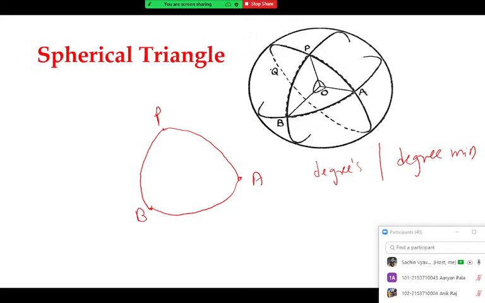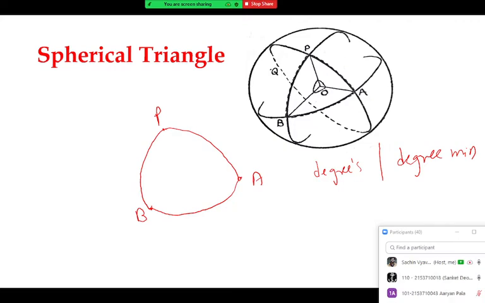So nowhere are you given the length AB in terms of meters or centimeters. Everything is given in degrees. Can you tell me what is the length AB from this figure?